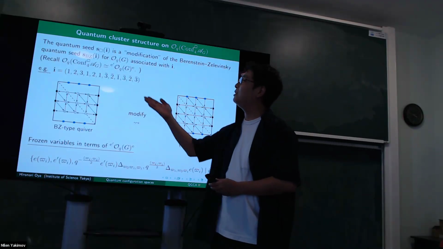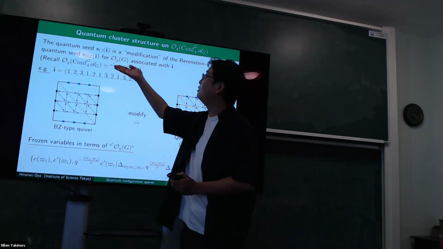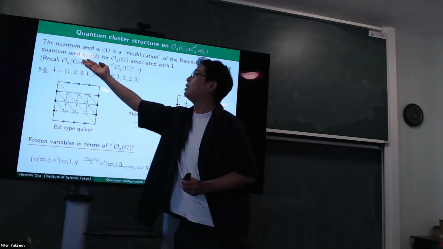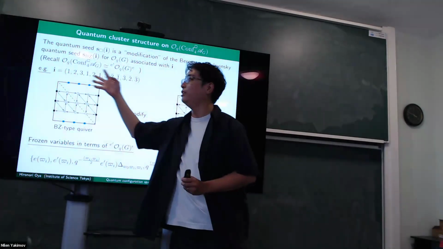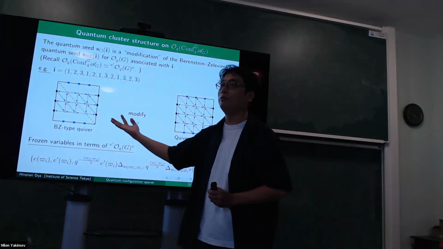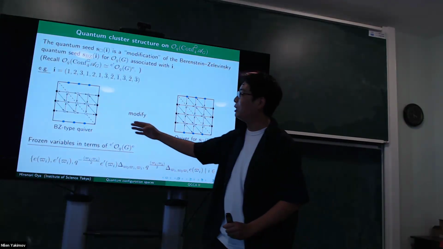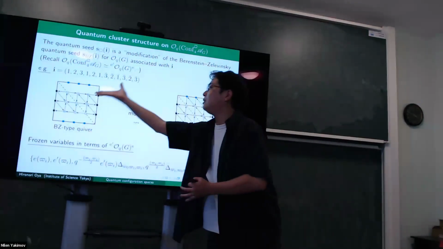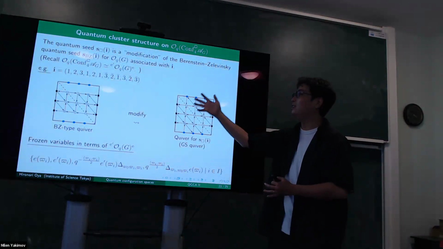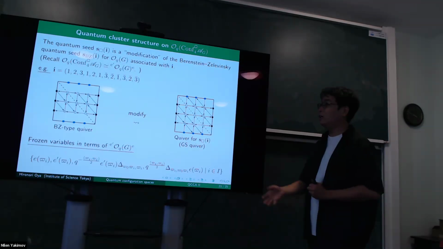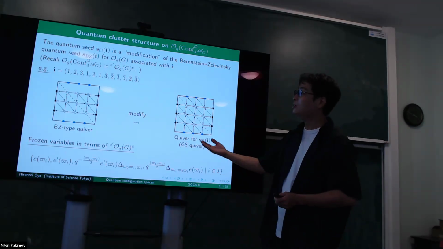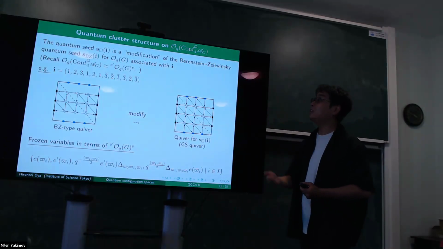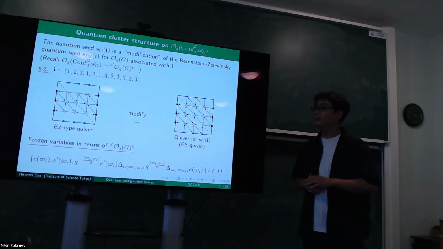We can construct this seed by extending the Berenstein-Zelevinsky quantum seed. Because we have this kind of isomorphism, and this is the Berenstein-Zelevinsky seed for the open double Bruhat cell. But here the frozen variables are isolated, so we modify this seed in some way. Then we can obtain the quiver for this algebra. This kind of thing already appeared in the cluster literature.